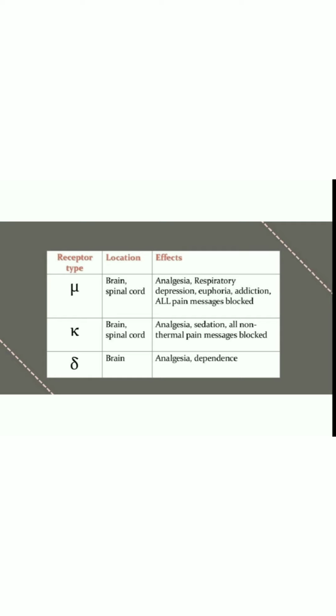The mu is located in the brain and spinal cord, affecting analgesia, respiratory depression, euphoria and addiction. All pain messages are blocked. The kappa is also located in the brain and spinal cord, affecting analgesia and sedation, and all non-thermal pain messages are blocked. The delta is located in the brain only, not in the spinal cord, and affects analgesia and dependence.